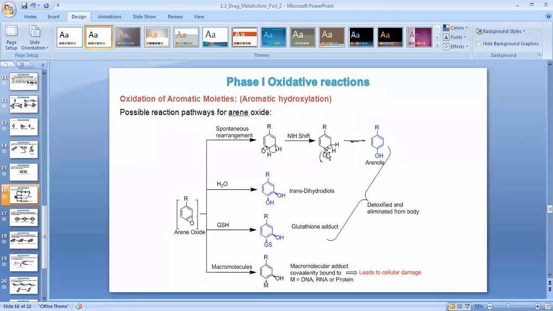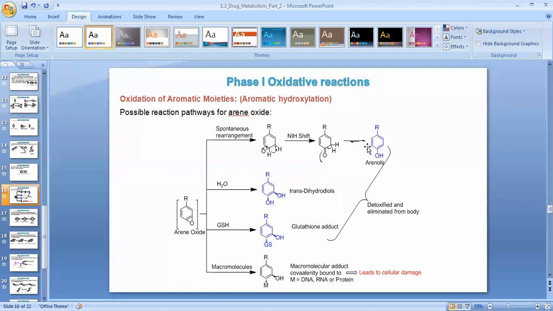This type of shifting of oxygen and hydrogen is known as NIH shift. NIH shift means a 1,2 oxygen-hydrogen shift. This type of shift goes further in the aromatic hydroxylation reaction to form arenol.